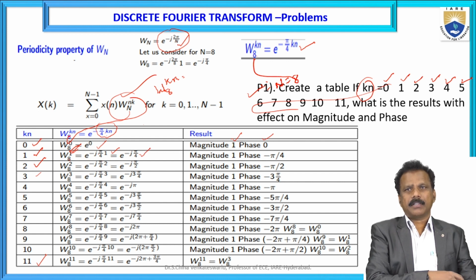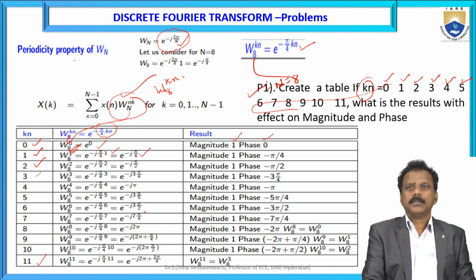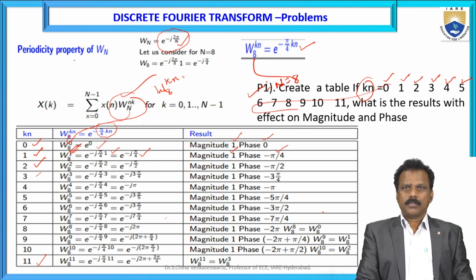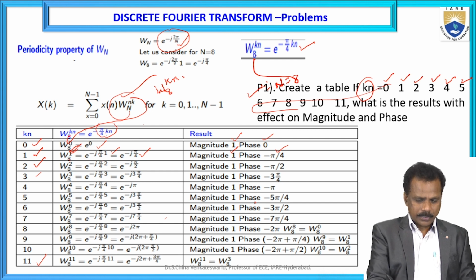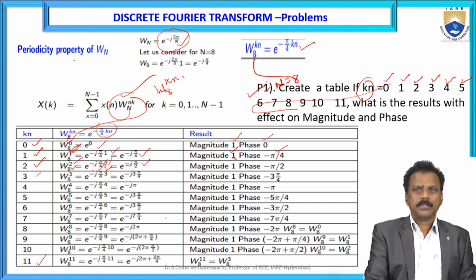Here we verify the magnitude and phase: magnitude is 1, phase is −π/4. Next, W_8 with kn equal to 2 is e^(−jπ/4 · 2), that is e^(−jπ/2). So the magnitude is 1, phase is −π/2, and so on.